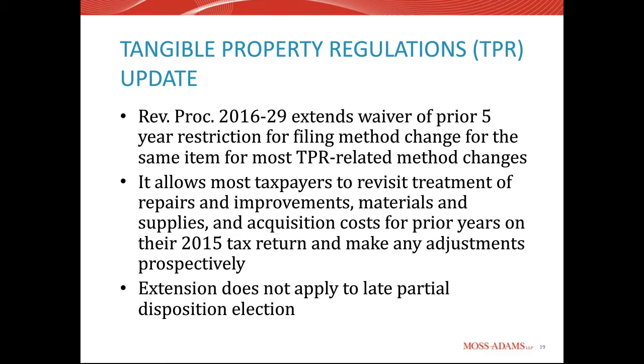They had to just get it done. So taxpayers filed a zero value accounting method change or a reduced amount. This allows taxpayers now to file another accounting method change rather than being locked out for five years, which is huge because some taxpayers just didn't have the time to comply and just filed the method change as required.